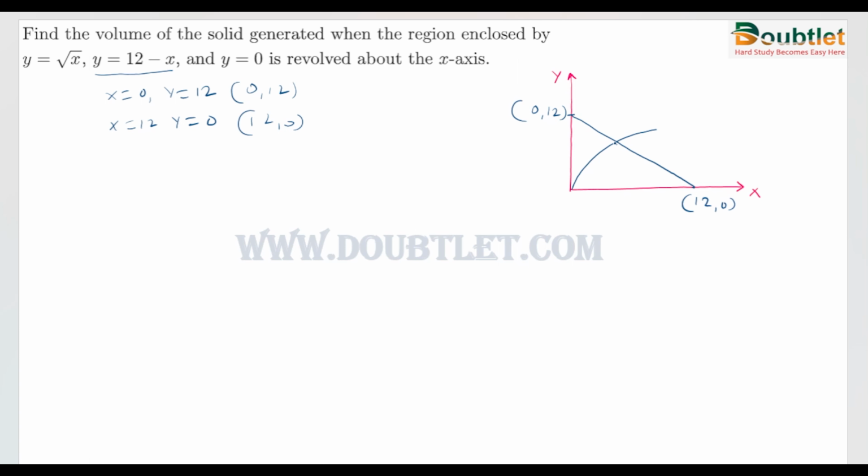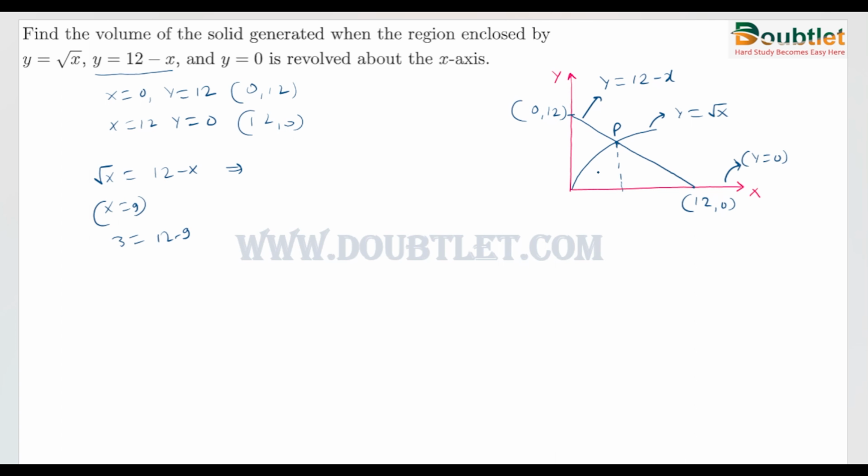Now we need to find the intersection point. This is y = √x, this is y = 12 − x, and this is y = 0. So this region will be the bounded region. Now we need to find the intersection point, so let's name it P. If we put √x = 12 − x, then x = 9 gives 3 on the left, and 12 − 9 is also 3.